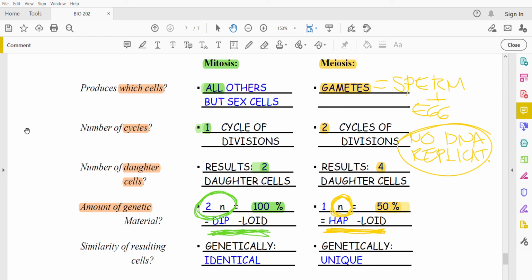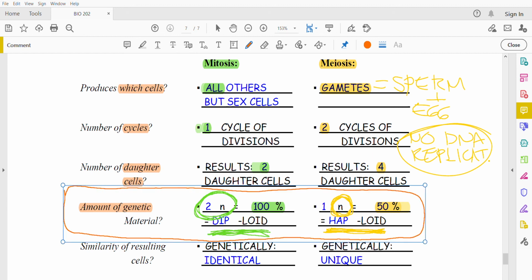This would be a good concept to be familiar with and comfortable with as we move on to take the exam 3. So know that all of those things mean the same. 2N is same as 100%, which is same as diploid cell content. And 1N is the same as 50%, which is the same as haploid cell content.